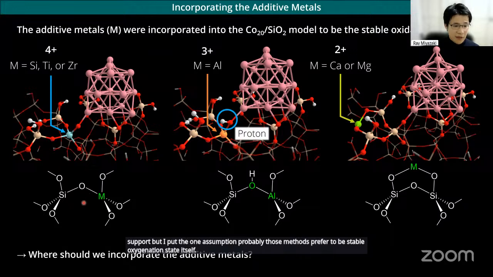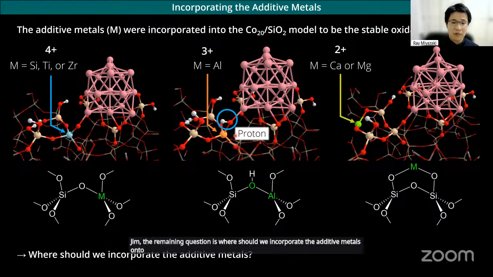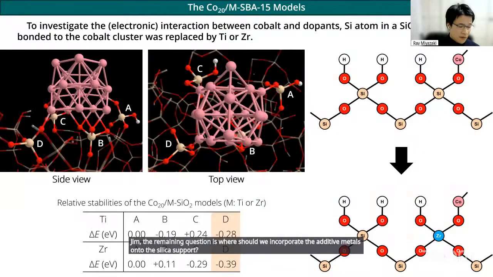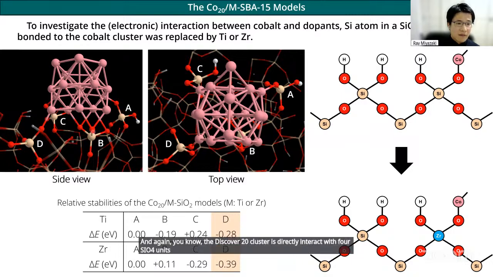Then the remaining question is, where should we incorporate the additive metals onto the silica support? Again, this cobalt-20 cluster directly interacts with 4 SiO4 units. At the interface site, I simply replaced those silicon atoms with titanium and zirconium, and compared the stability.